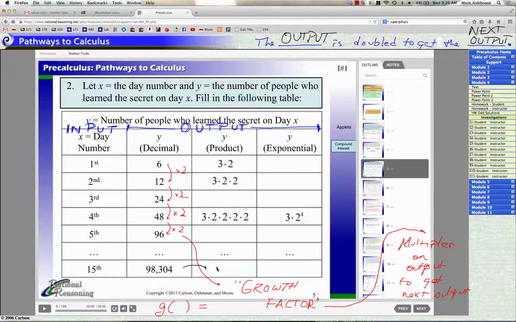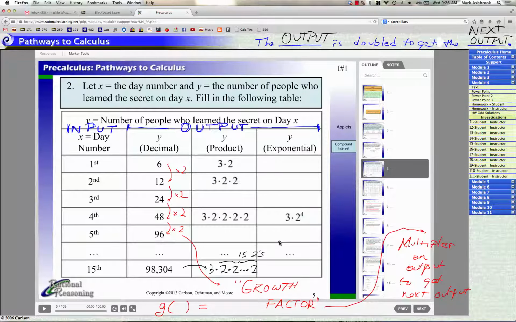Tell me your name again. Chad. 3 times 15 twos. Perfect. 3 times 15 twos multiplied together. Okay?